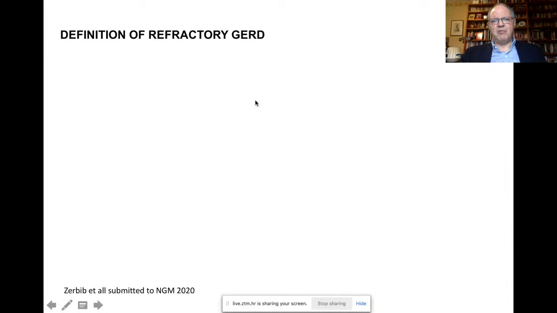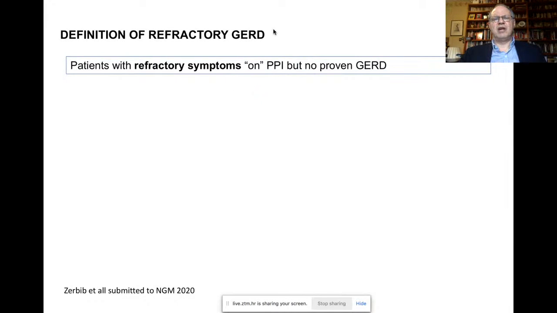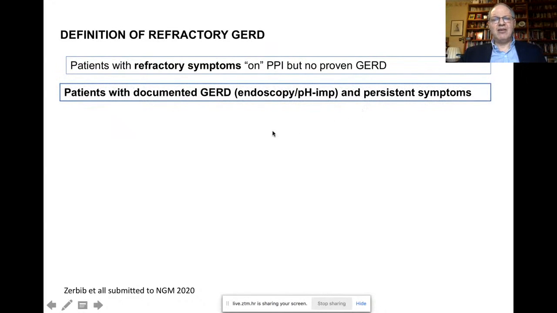At this moment, the definition of refractory reflux disease is very important. There are two situations. One situation is where the patients have refractory reflux-like symptoms, but the patient has never been proven to have reflux disease. And another is in patients that did have a documented reflux disease by endoscopy or pH-metry.